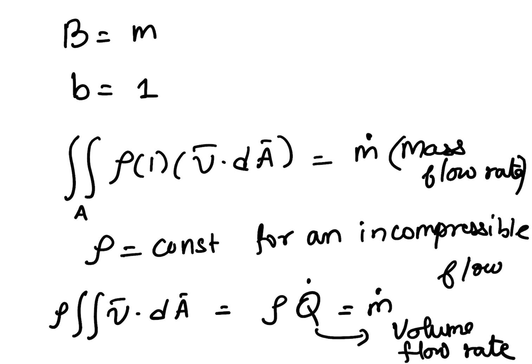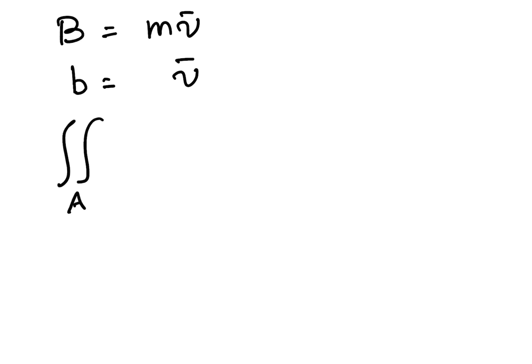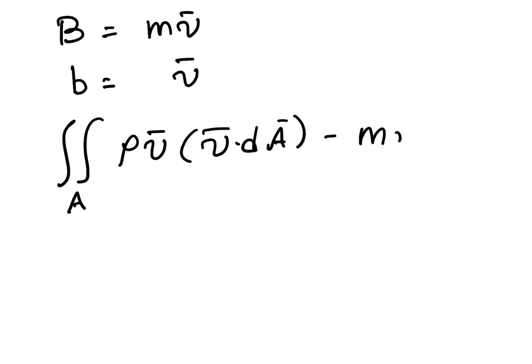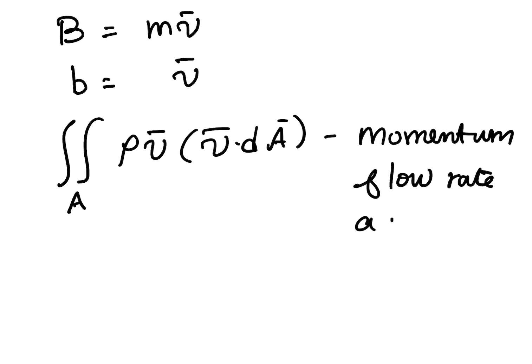Now if B were momentum, mv, lowercase b is simply velocity, and this quantity here, the integral of rho times v dot dA, represents the momentum flow rate across the control surface. We have seen this before.